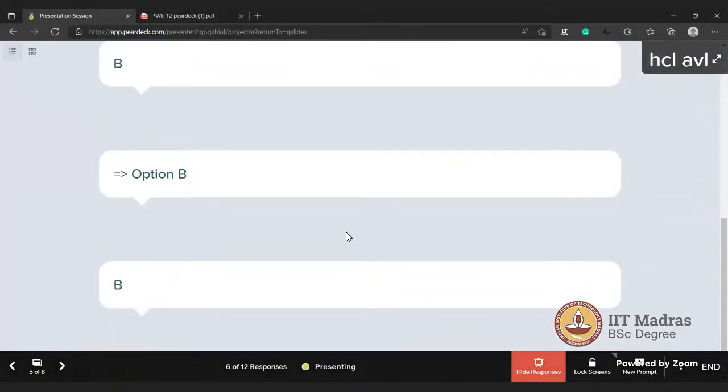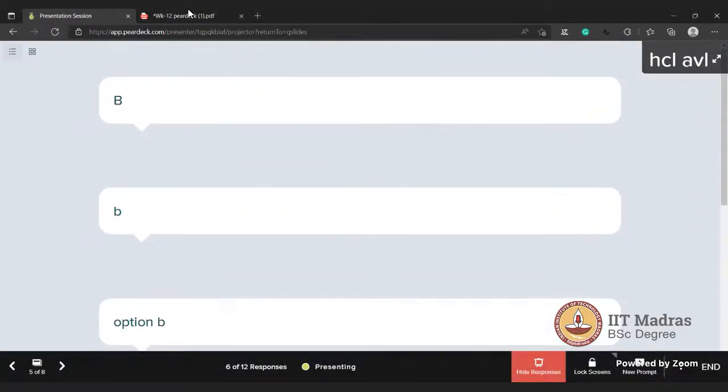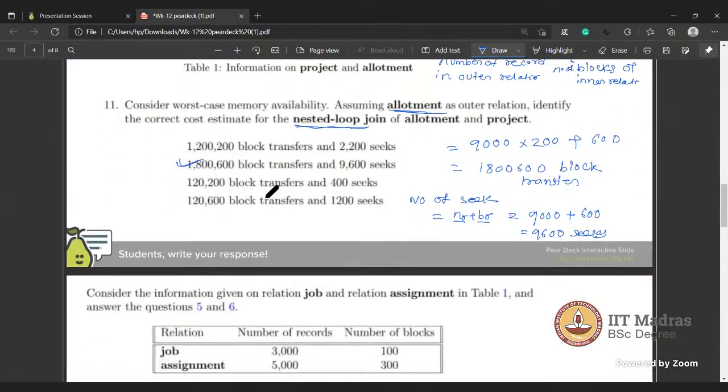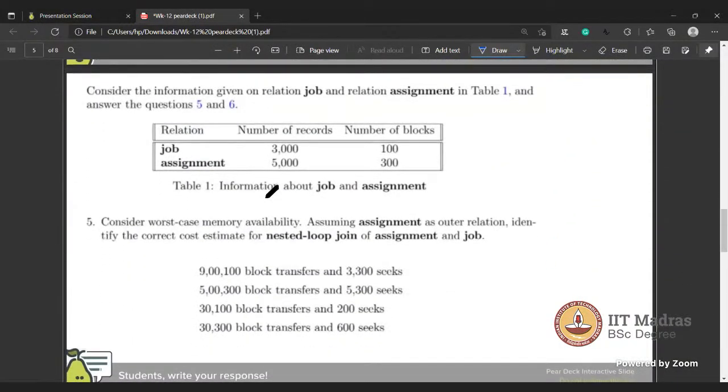Okay, the maximum answers are for option B. So let's discuss. What is the formula for block transfers? NR into BS plus BR, right?